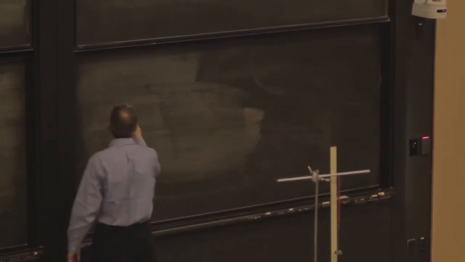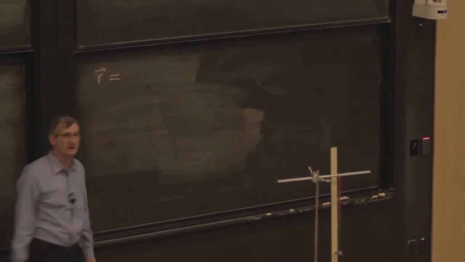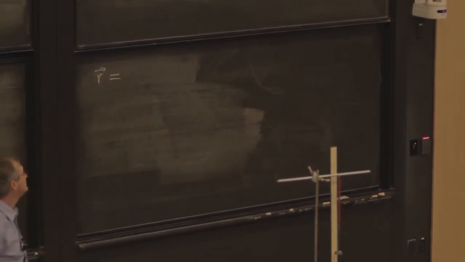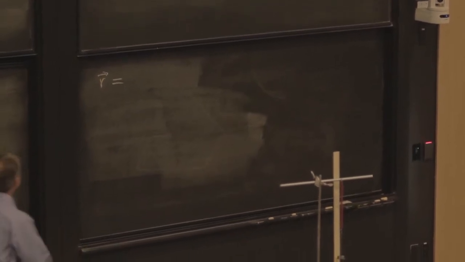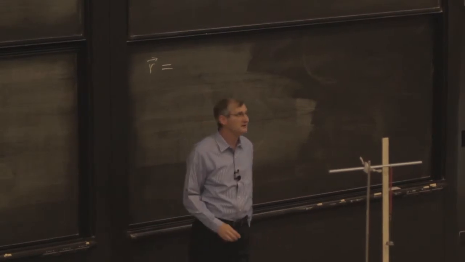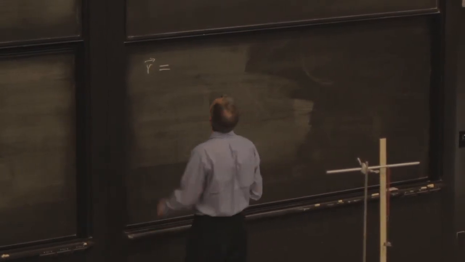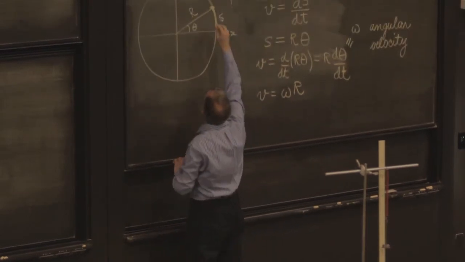Okay, so the position vector, the position of the particle, I can express in terms of r and theta. What's the x component in terms of r and theta? I can bring this back down now that I worked so hard to push it up and draw a triangle here.